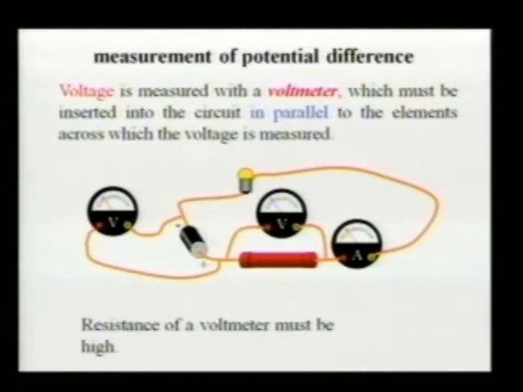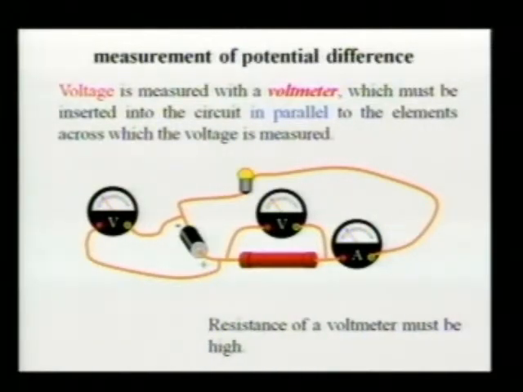Now, when we insert a voltmeter, we don't want to alter the circuit significantly either, which means that to those charged particles traveling in the circuit, this path is supposed to appear like non-existent.